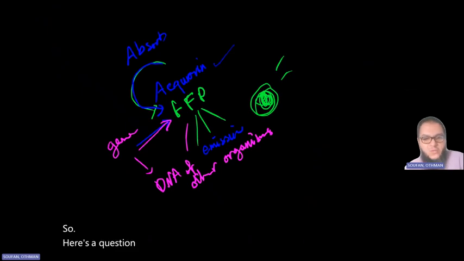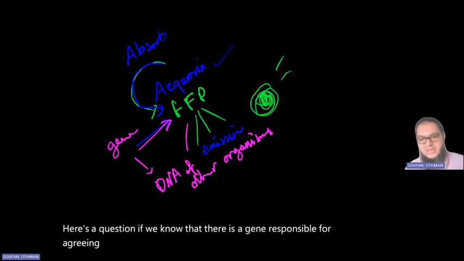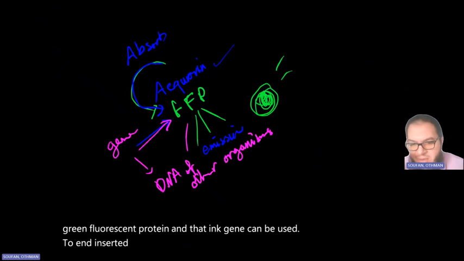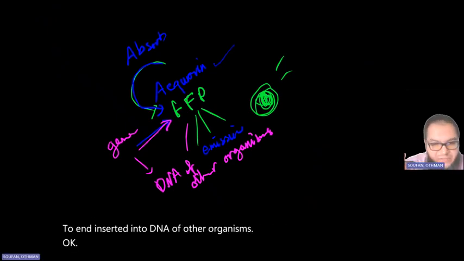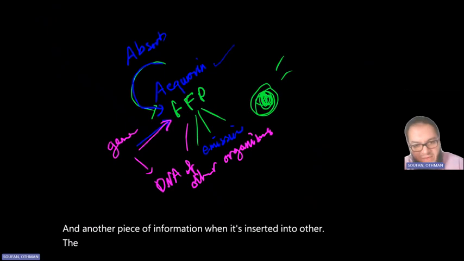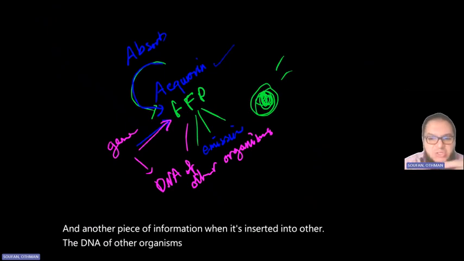If we know that there's a gene responsible for a green fluorescent protein, and that gene can be inserted into the DNA of other organisms, and another piece of information, when it's inserted into the DNA of other organisms, it can cause them to produce the fluorescent protein.